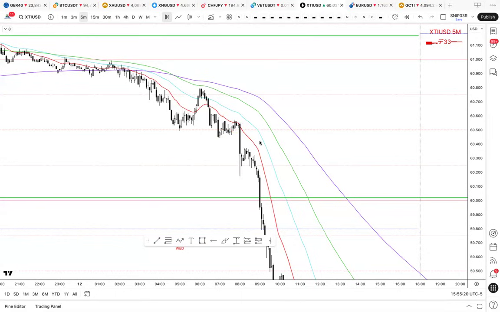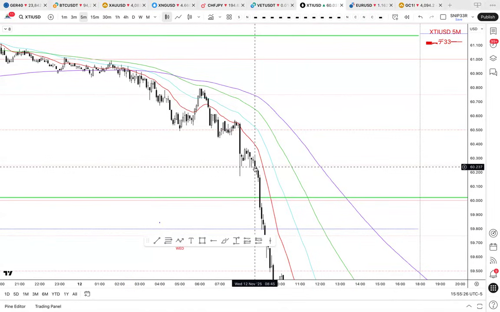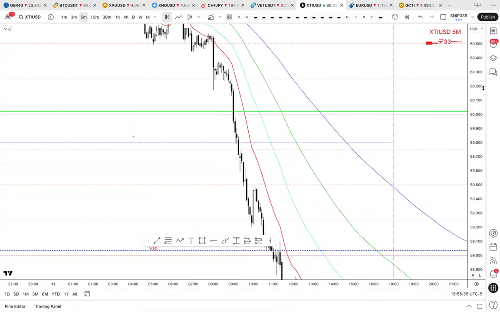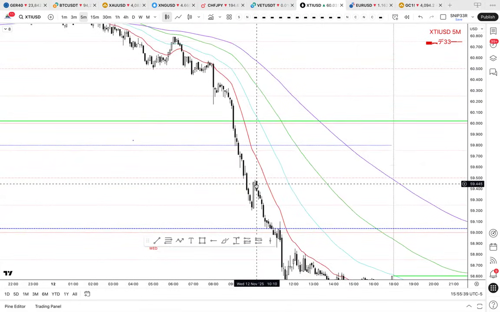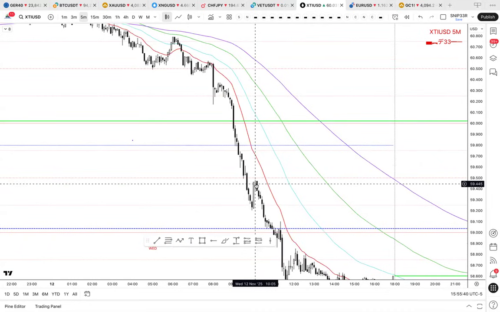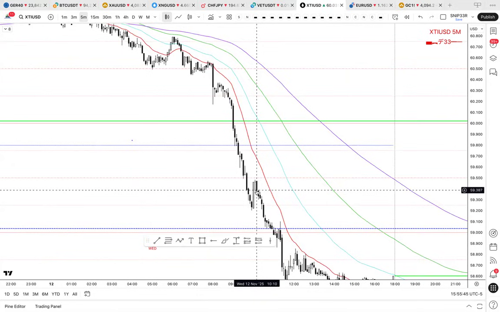So that could be another confluence you can add: EMA confirmation, major round number levels, and the clock. Look what time this was. 8:45 on the dot. New 15-minute candle on the dot. Let's just say you came in a tad bit later. This candle opened at 10:10, but it closes at 10:15.